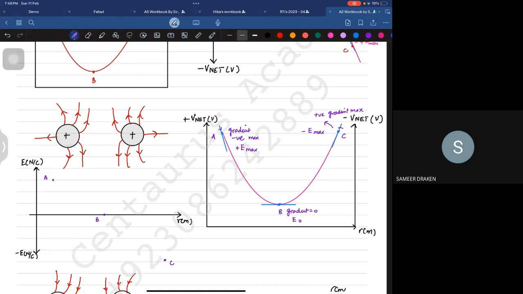So if you draw a curve, it's going to look like this. Do you guys understand that? And electric field strength basically touches the x-axis here. So this is basically the null point because here the electric field strength is zero. Understood, kids?